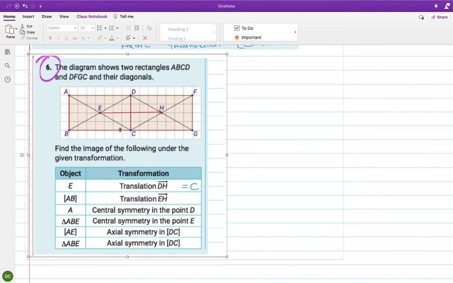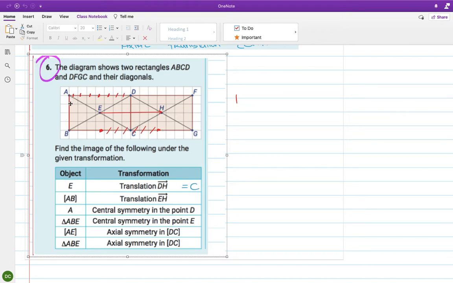E is halfway through a box and H is halfway through a box, so that's 1 box. Then we have 2, 3, 4, 5, 6, 7 boxes we're moving it, just to the right. So 7 boxes to the right. Yeah, that's what I thought.